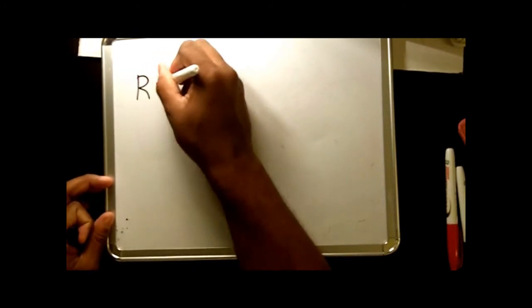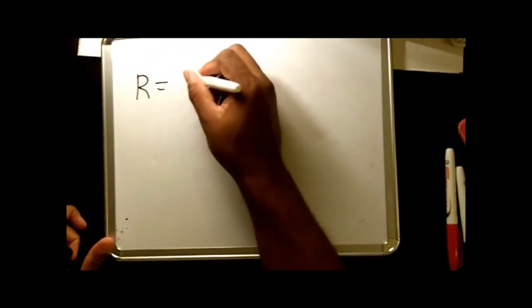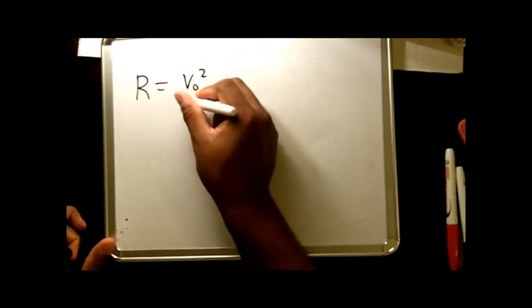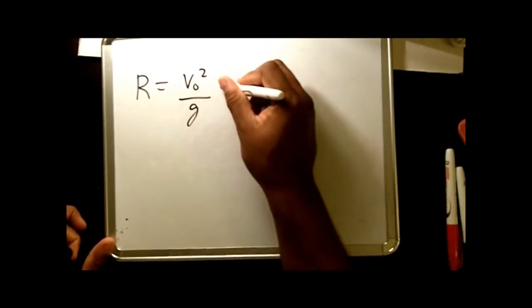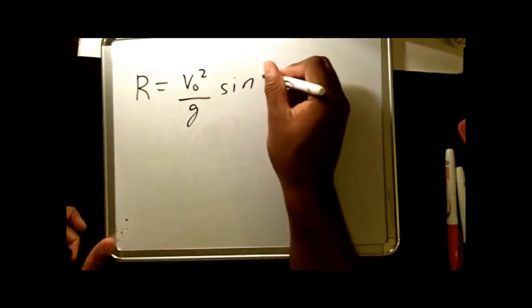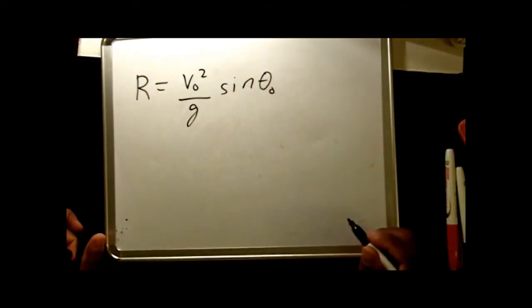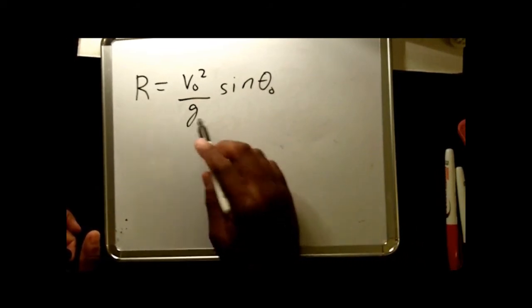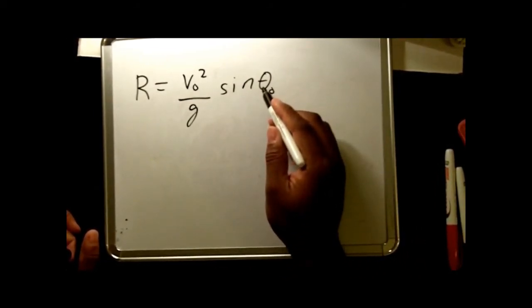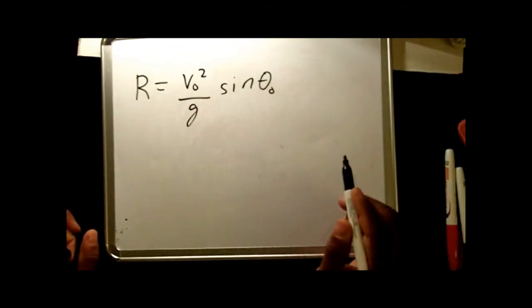The last equations I'm going to talk about are the maximum range and maximum height equations. For maximum range, that means the distance in the x direction, the horizontal distance. I'll say capital R. It doesn't matter. Just capital R. This equation will get you the maximum range of how far something will go at this angle and at this velocity.